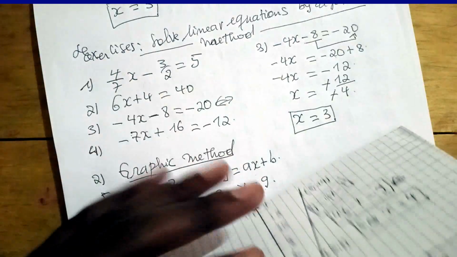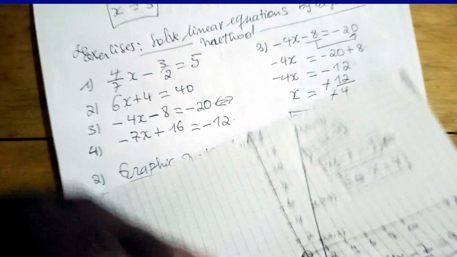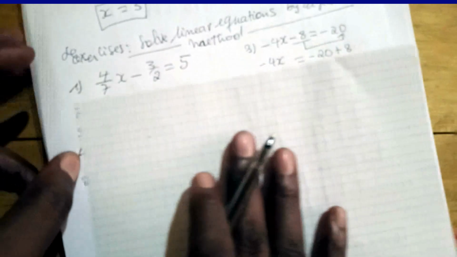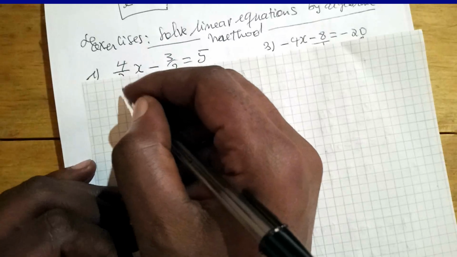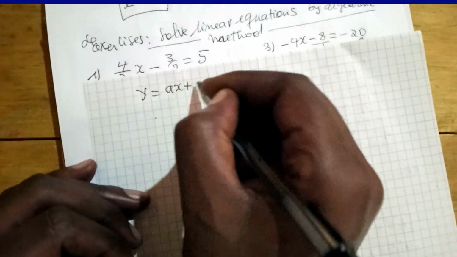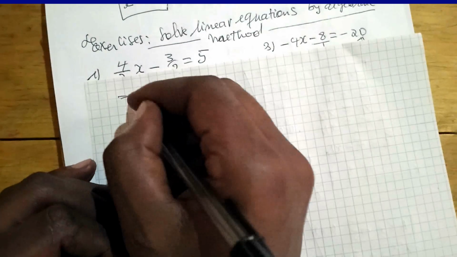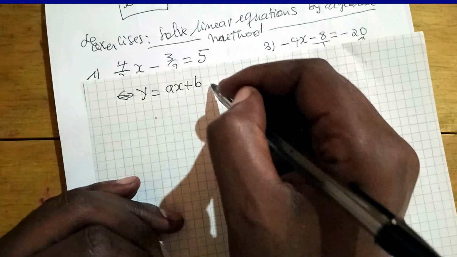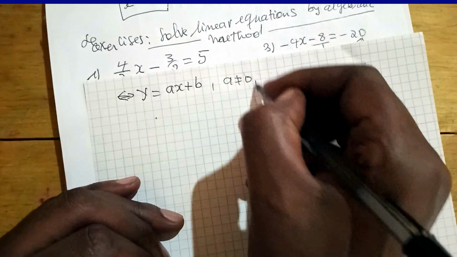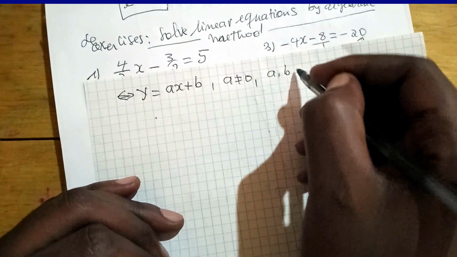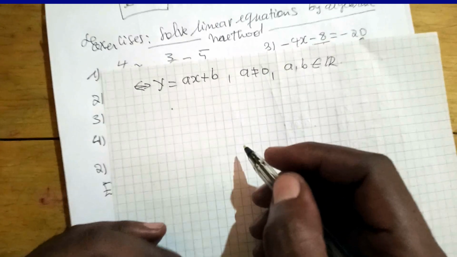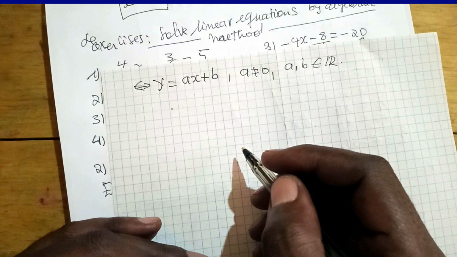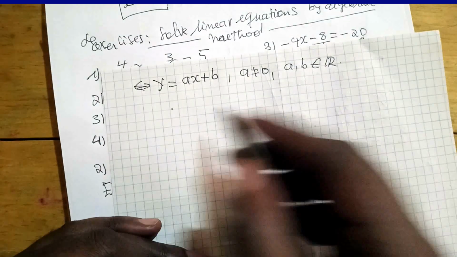The second, we have seen that a linear equation has a general form y equal to ax plus b, where a is different from 0, while a and b are in the set of real numbers. And we have seen the methods used to solve a linear equation.